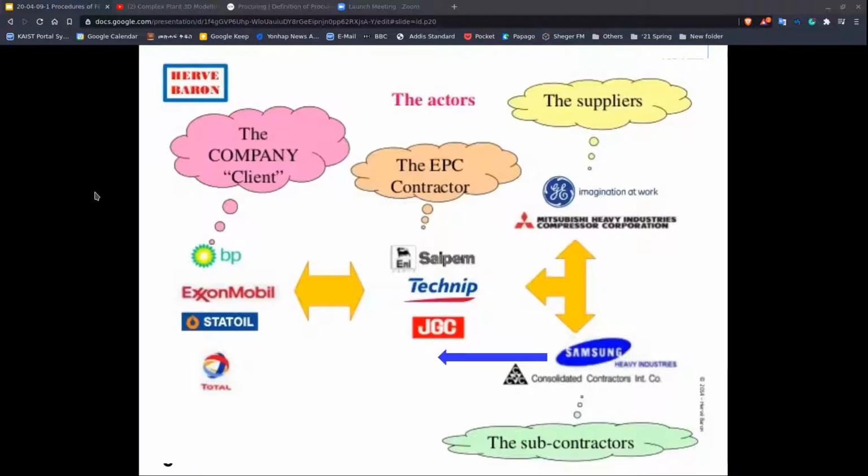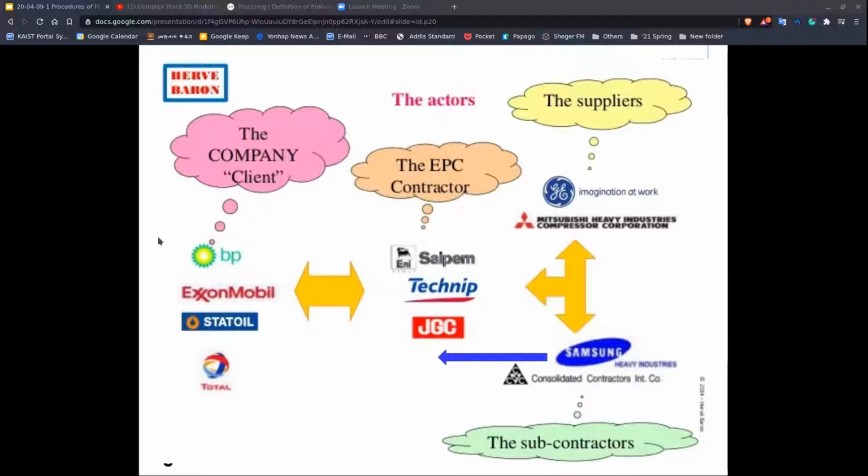This shows the players in this whole process. There is the client company, usually oil majors like ExxonMobil, Shell, Total, and there is the EPC contractor. I'm not sure what these companies are, but they are generally the ones that take over the process after the contract with the oil company, with the client.